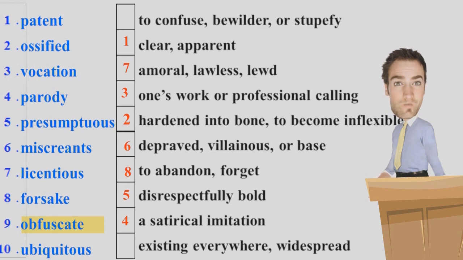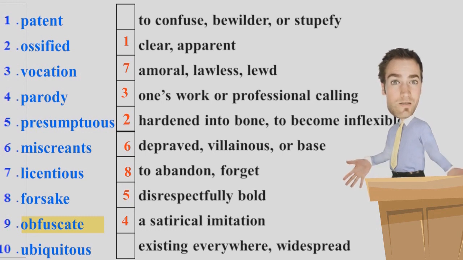So think of the word obsessed, obnoxious, obligation, obsequious, obsolete. These are all very intense words, and part of that is the intensifying effect of that prefix ob. So obfuscate just means to confuse, to make bewildered. You should pair that up with the first definition on the top, to confuse, bewilder, or to stupefy.